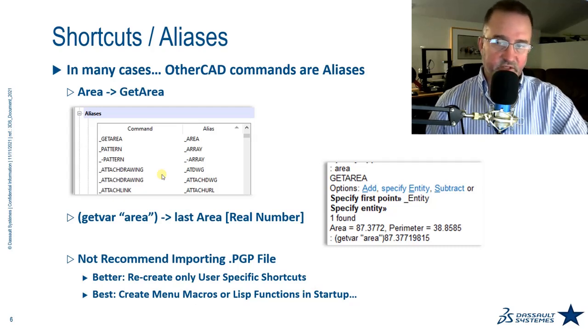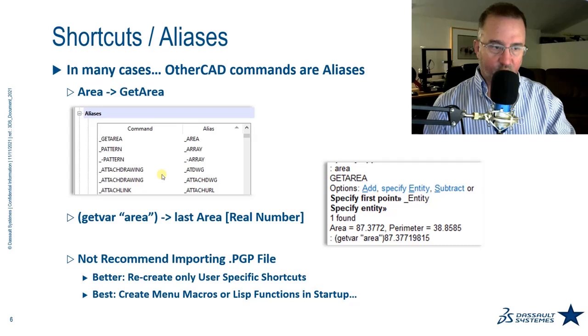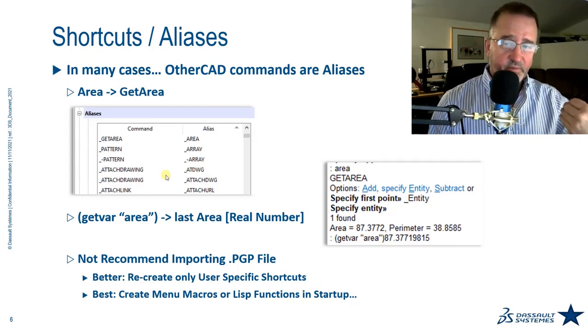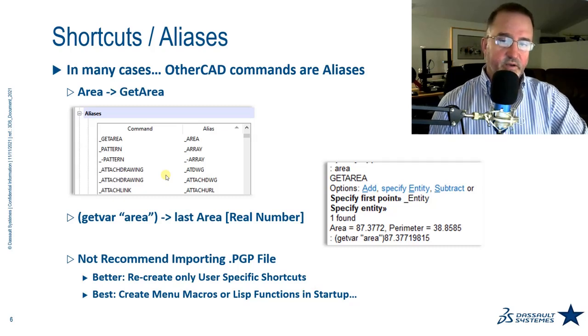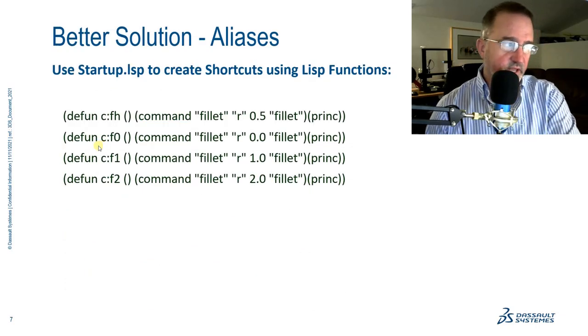It gives you more flexibility, more ability to take that to another system, another computer, or to be able to update or upgrade it later on rather than having to get in and import, export the PGP file from other CAD systems, or in DraftSight it's going to be an XML file. But honestly, I really think the startup is an easier way to do it, and it gives you, again, more flexibility.